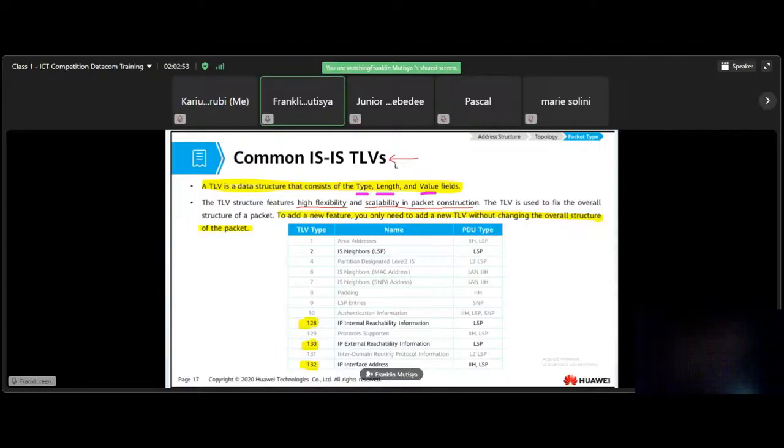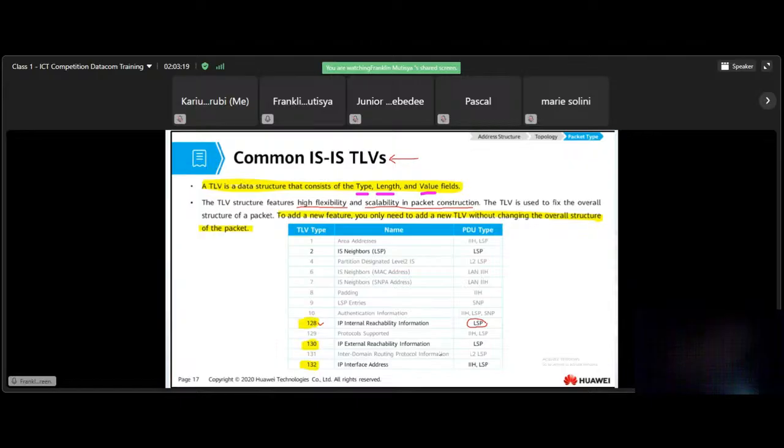Okay, so assuming you'd like to add information like IP internal reachability information, you can have a TLV number 128, which will be carried as an LSP, link state PDU, to inform neighbors on how they can reach the internal network.